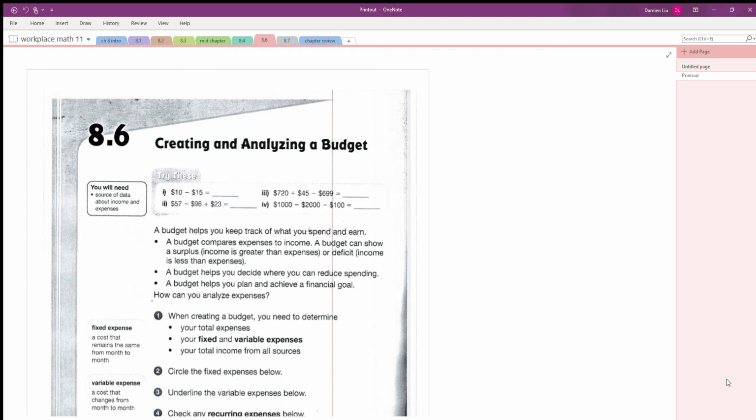And just judging from the questions, you can tell that it's going to be just simple math. So $10, take away $15, I've got negative $5. You can put that on a calculator, or you can, okay, so negative $5, just like that.